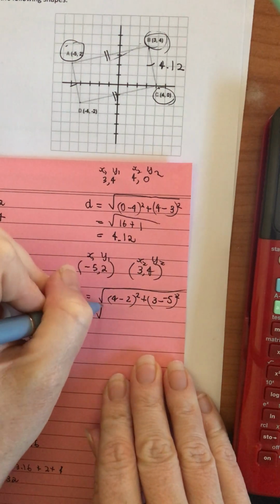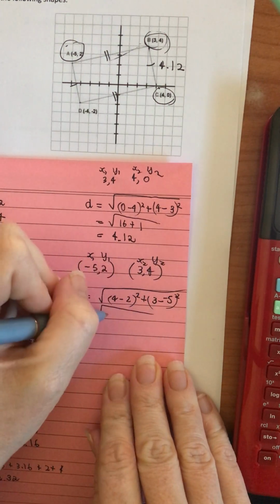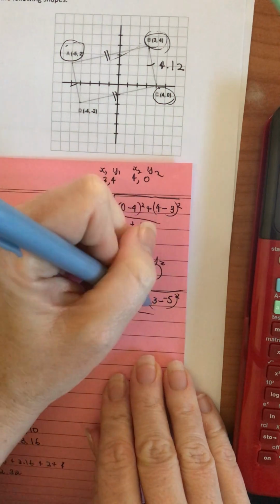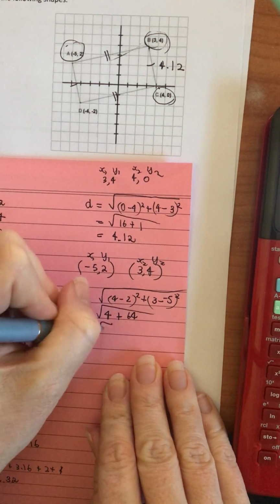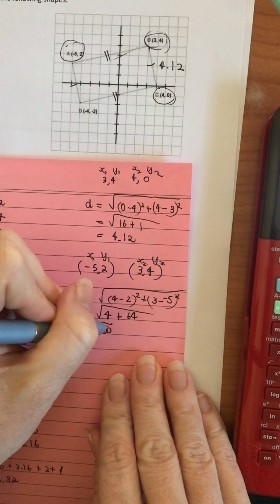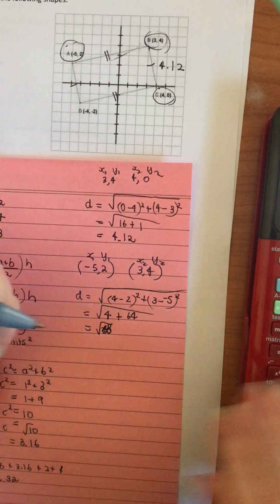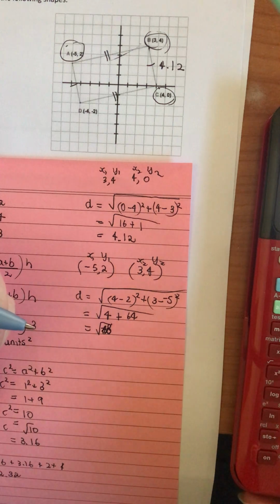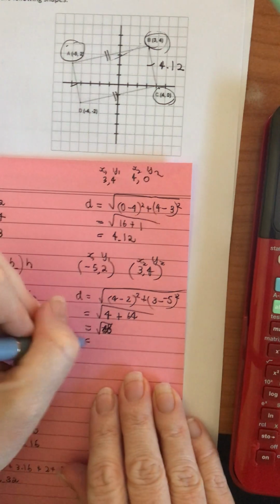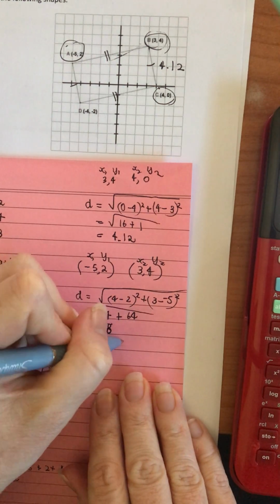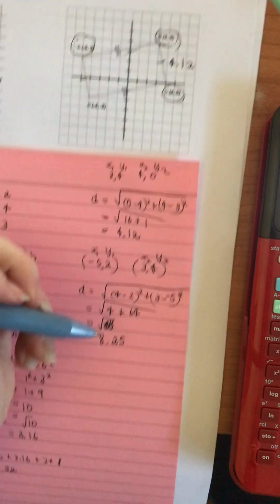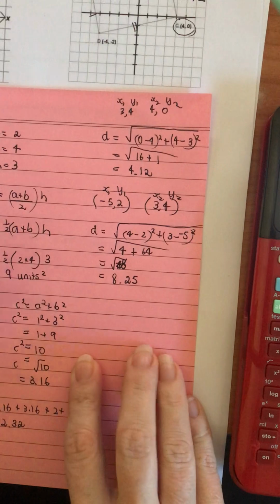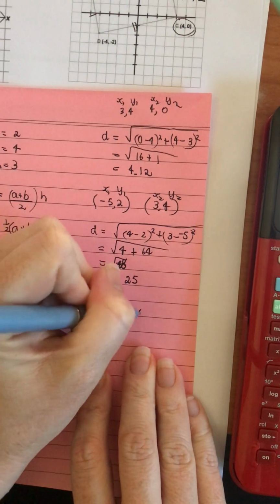So 4 take away 2 is 2, squared is 4, plus 3 take away negative 5 is 8, 8 squared is 64. So we've got the square root of 68, which is 8.246, and we round that to 8.25.